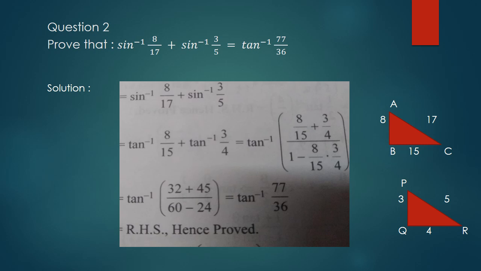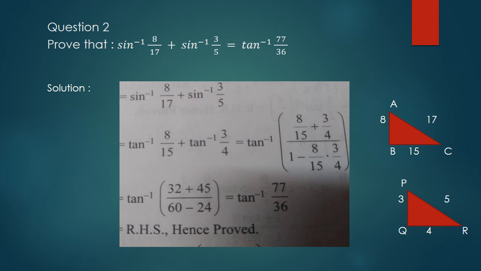So tan trigonometric ratio is perpendicular upon base. So tan inverse will be 8 upon 15. Similarly, sin inverse 3 by 5 will be changed to tan inverse by using another right angle triangle, which is PQR here. So again, sin is perpendicular upon hypotenuse.